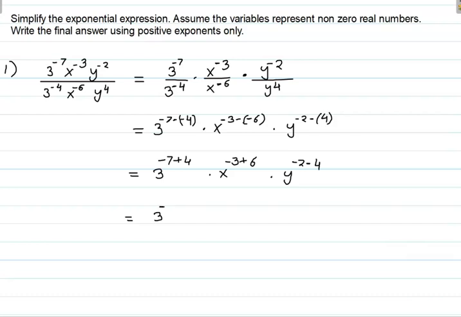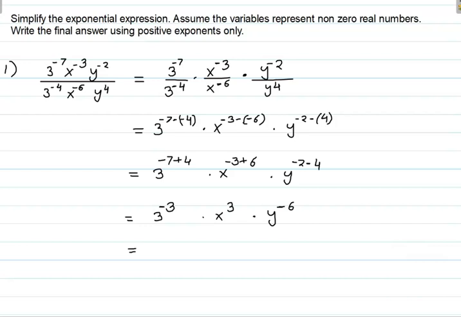And at last we get 3 raised to negative 3, x raised to 3, because negative 7 plus 4 gives you a negative 3, times y raised to negative 2 minus negative 4 gives you a negative 6.